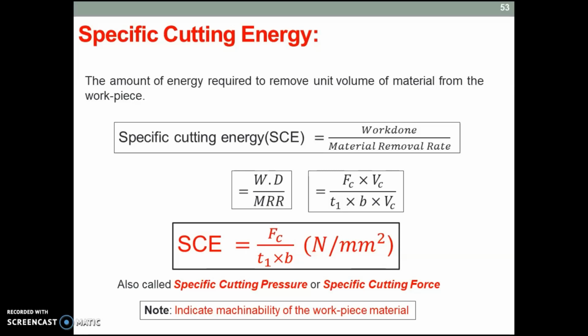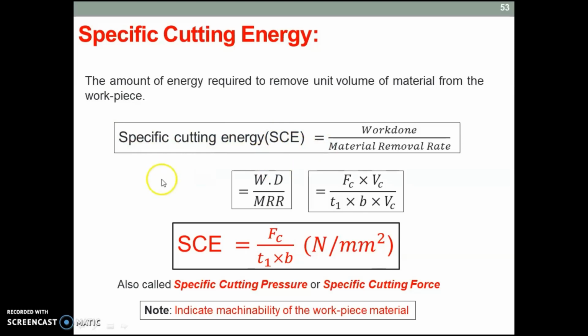You can say by seeing the value of the specific cutting energy, because if the material removal rate is high, then obviously the machinability is good. But in the ratio we calculate, the value of the specific cutting energy should be less.